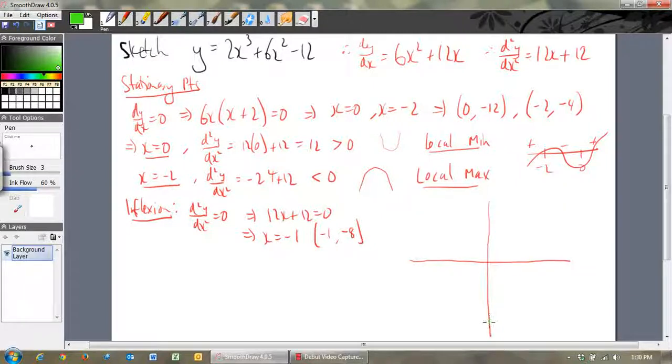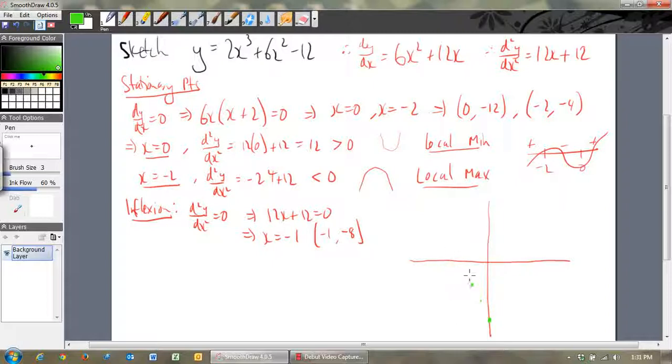So 0, negative 12. We're going to have this local minimum. We're going to have a local maximum at negative 2, negative 4, so somewhere around there. It's not accurate. Negative 2, negative 4. And also we're going to have a point of inflection at negative 1, negative 8, so some point in there.